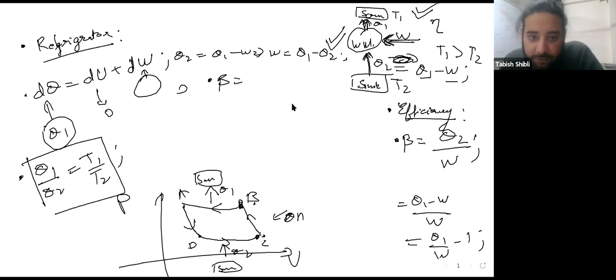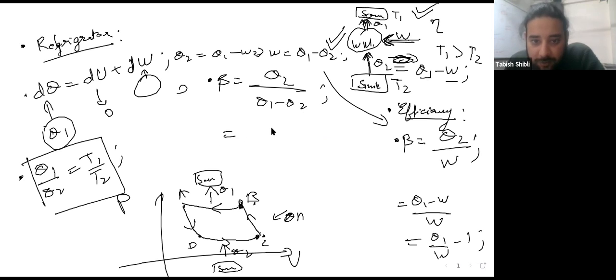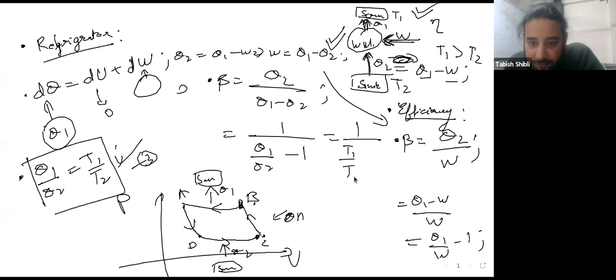You put in the value of this in beta here. What do you get? You get Q2 divided by Q1 minus Q2, which is equal to 1 divided by Q1 by Q2 minus 1. From this equation 3, you can put in the value, you get 1 by T1 by T2 minus 1, which is equal to T2 divided by T1 minus T2.